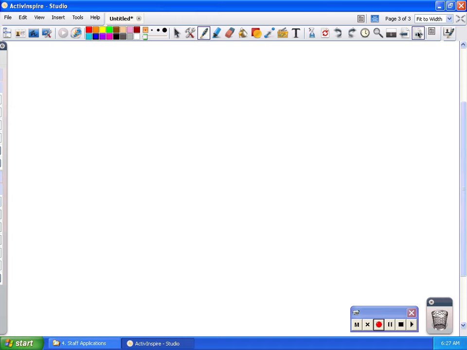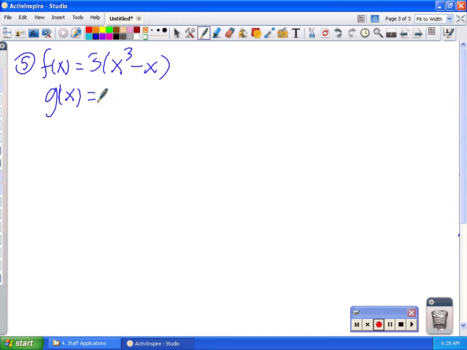Problem number 5. In problem number 5, my two functions are f of x equal to 3 times x cubed minus x, and the other curve is g of x. Again, the x-axis is bounding the region.